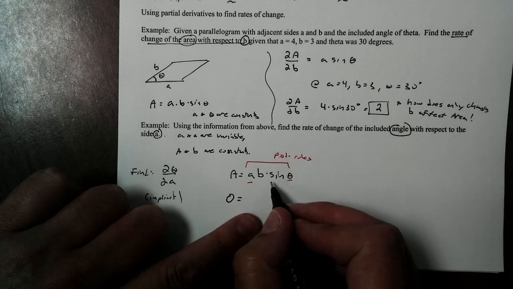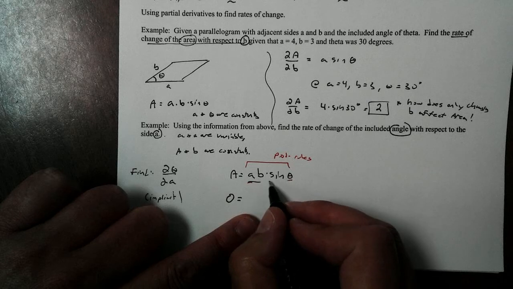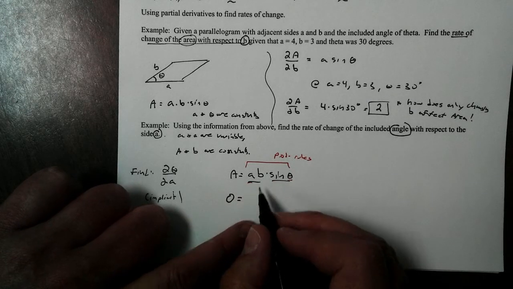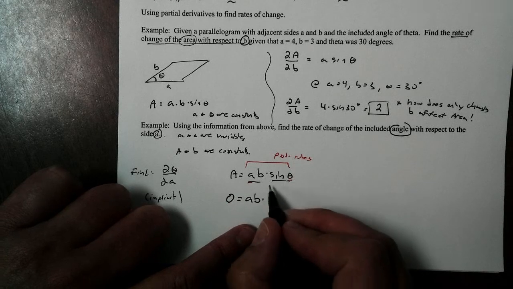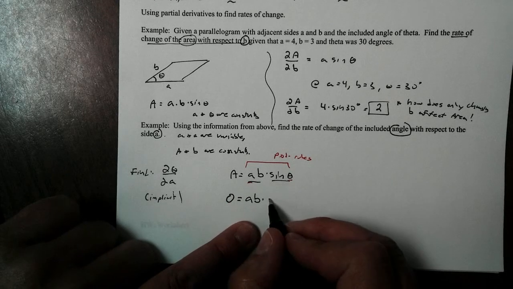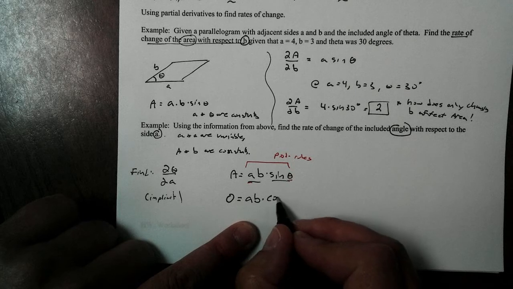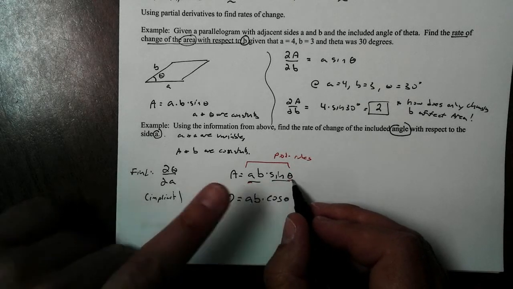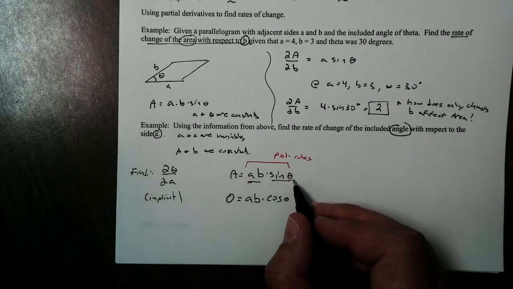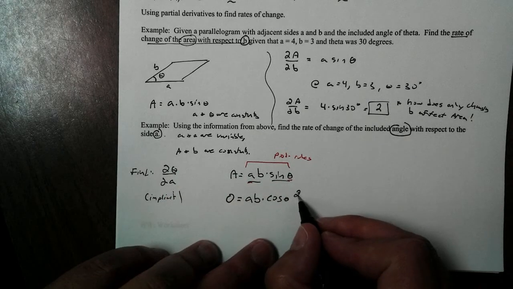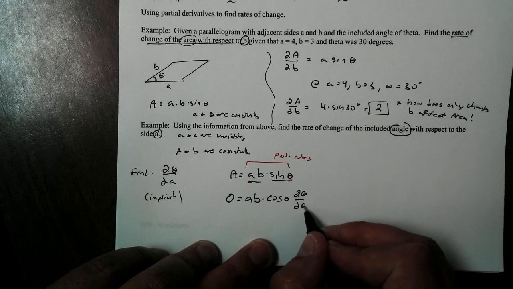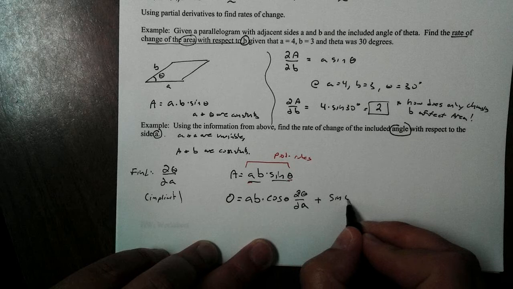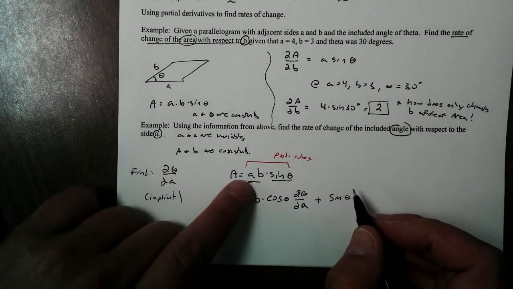Equals, taking a derivative over here, if I treat AB and sine of theta as my two functions, the first, AB, times the derivative of theta, which becomes the cosine of theta. But remember, there's a chain rule right here. We're taking the derivative of theta with respect to A, so I get the partial of theta with respect to A. Plus the second, which is the sine of theta, times the derivative of the first.